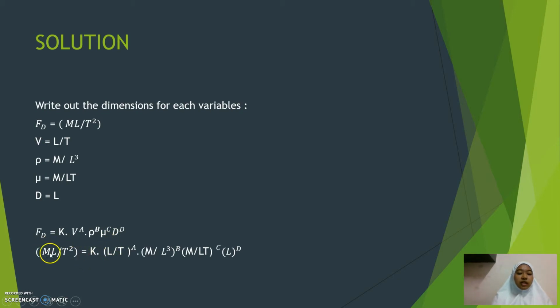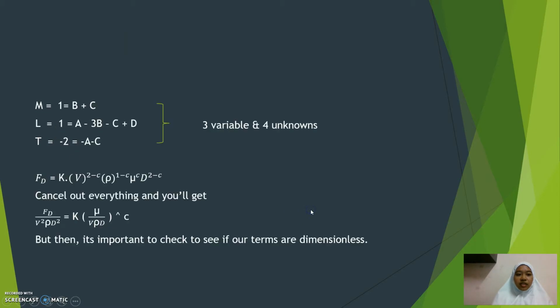So we'll insert the dimensions for each. ML over T squared, and k is just a constant. L over T to the power of a, M over L cubed to the power of b, M over LT to the power of c, L to the power of d. From the previous equations, we can solve for the M, L, and T. So M: 1 equals b plus c.